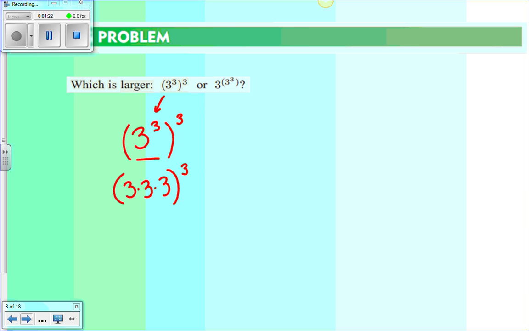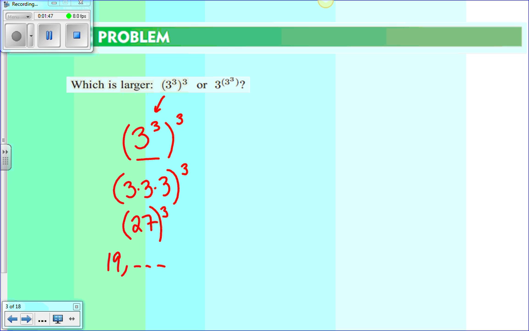And 3 times 3 times 3 is 27, and 27 to the power of 3. So the next thing we need to do is multiply 27 times 27 times 27. I'm not going to calculate that out exactly, but it's approximately 19,000 and a bit more.